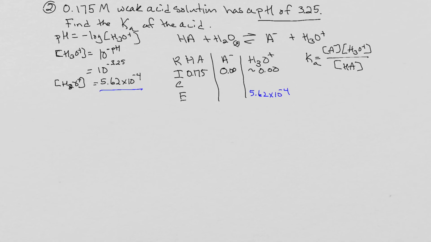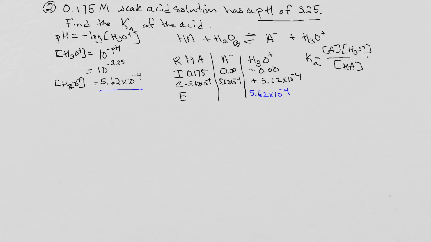So that means our change here is a positive 5.62 times 10 to the negative fourth. And based on our stoichiometry, each of these reactants are going to go down by the same amount. So we can fill that into our RICE table. And now we can go ahead and do our math.